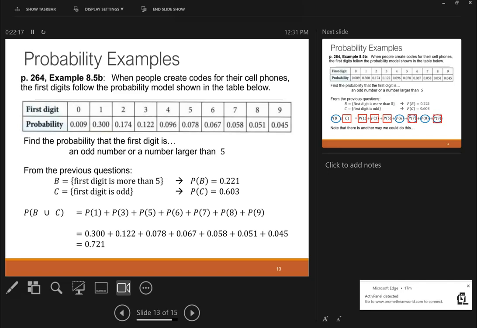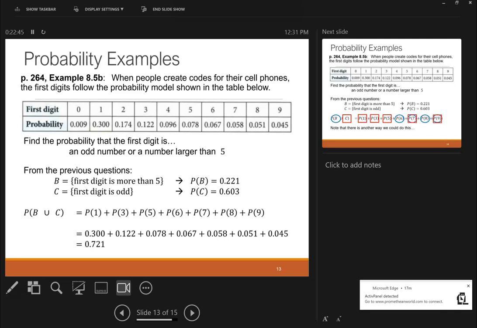Because I'm double counting the probability of 7 and the probability of 9. Those probabilities are included both in the event B and in the event C. So if we have non-mutually exclusive events, so overlapping events, you want to calculate the probability of a union.